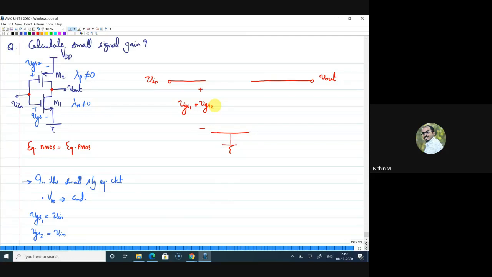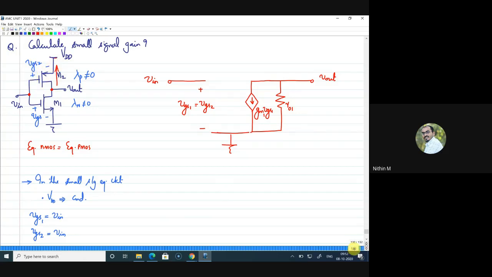Now on the drain side, what I have here is NMOS device from here to ground. How will I mark? I can mark it as a current source, which is gm1 VGS1, with resistance of ro1. Similarly, from drain to ground, VGS2 in this direction. So you will actually have a current flowing in this direction, because I have marked VGS2 as this plus minus.